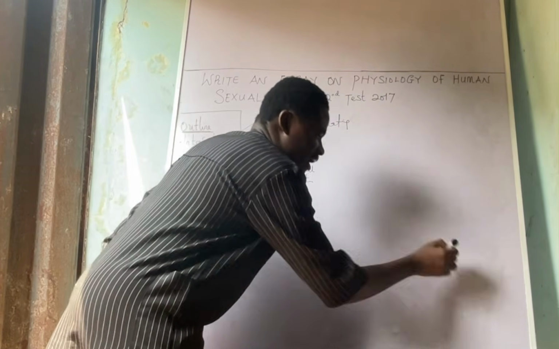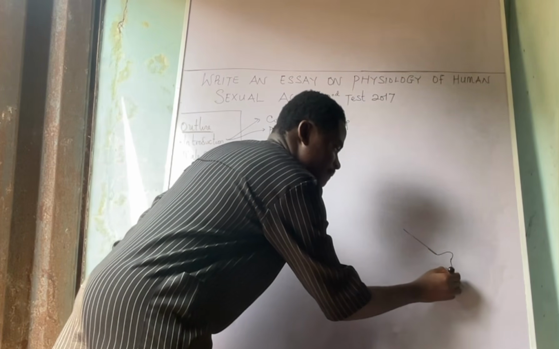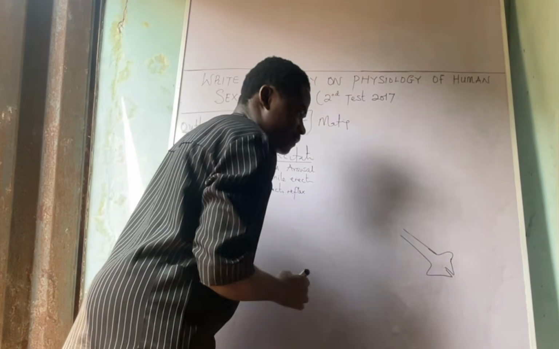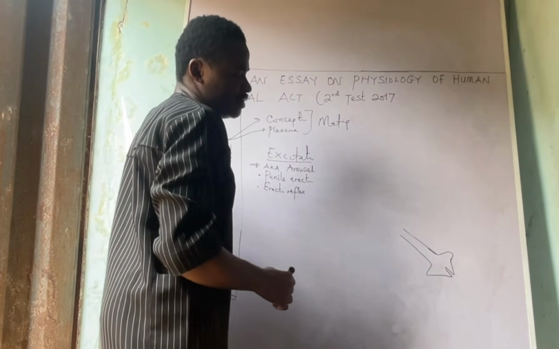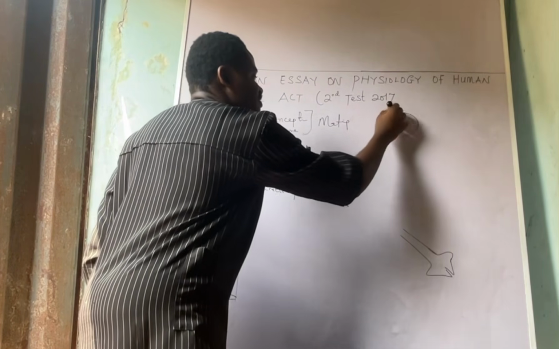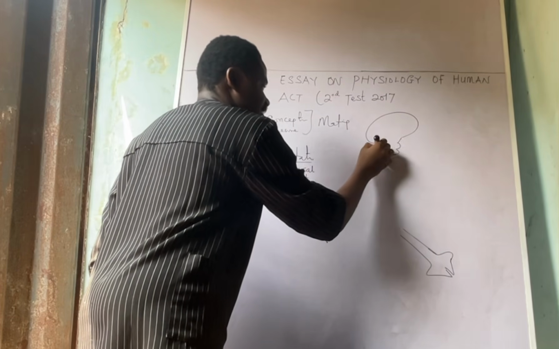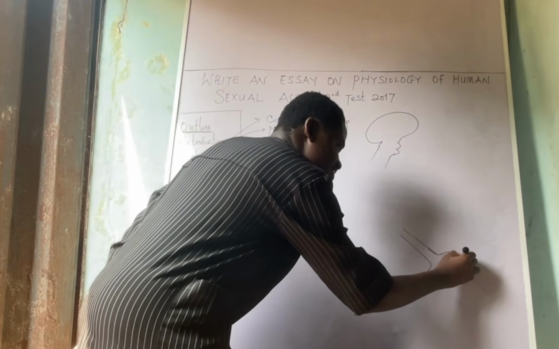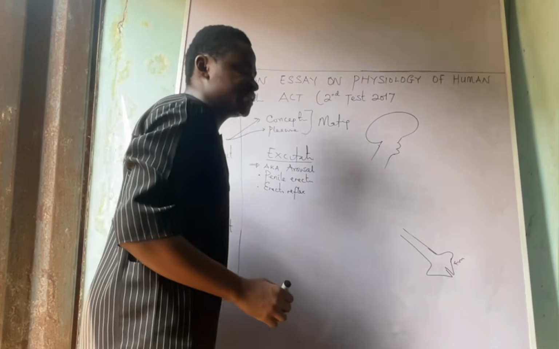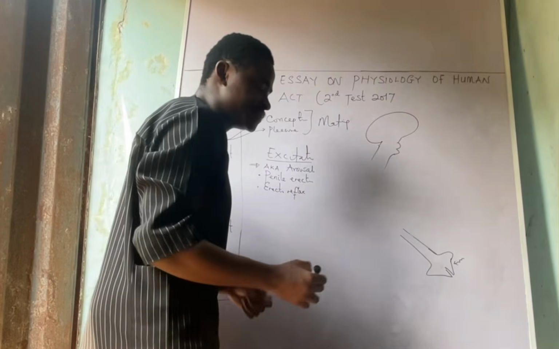Now, for that, let's say we have the penis like this. Then the glans penis and all. And then we also have the central nervous system, the midbrain, pons, medulla, like this. Now imagine a situation where there is some stimulus. What are examples of stimulus that eventually cause this reflex?